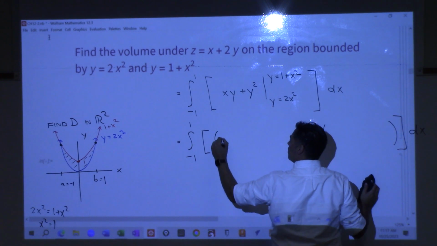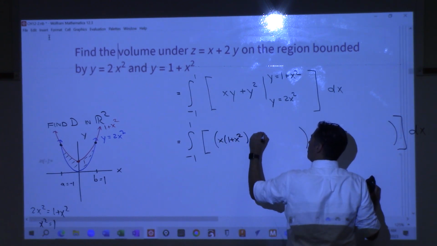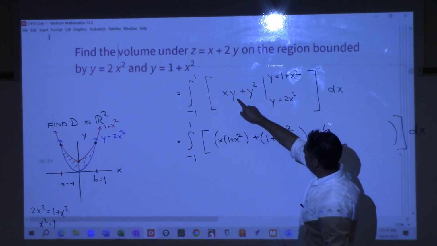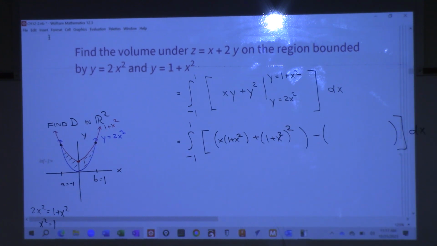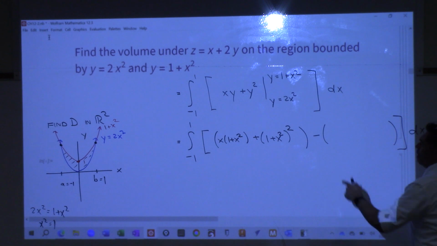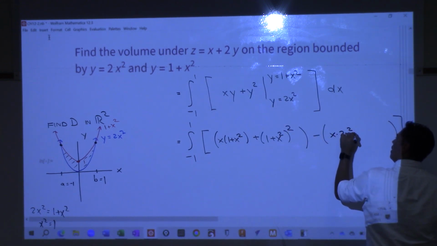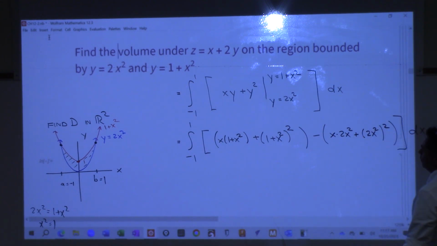So I have x times 1 plus x squared plus 1 plus x squared, squared. Then I plug in 2x squared there, so I get x times 2x squared, plus 2x squared, but then that squared. It's going to be messy, right? It's just polynomials, but it's still kind of messy.